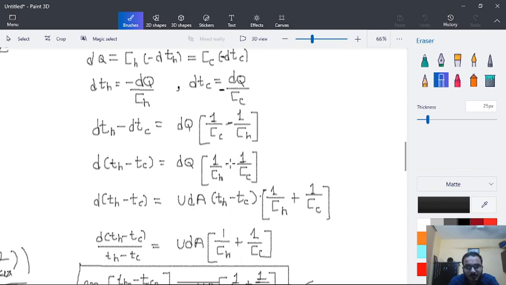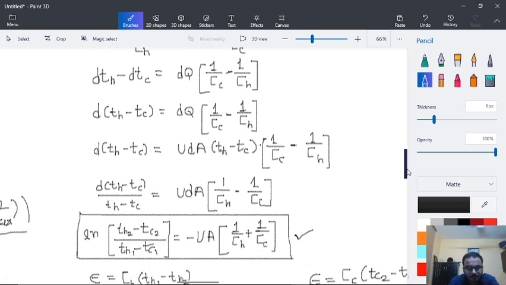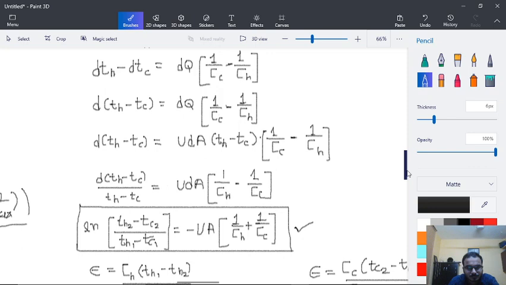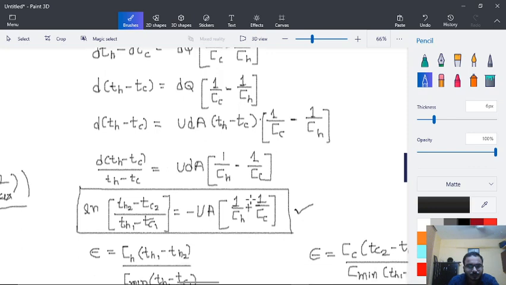This will be Cc Ch. Here we will put a minus sign, so this equation will change.